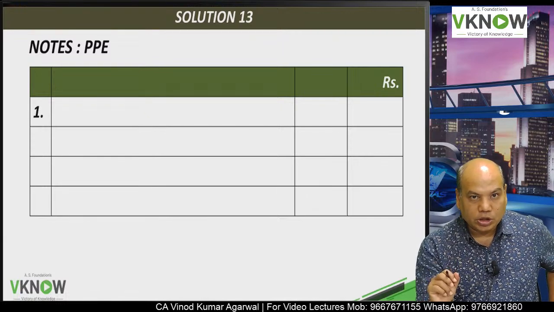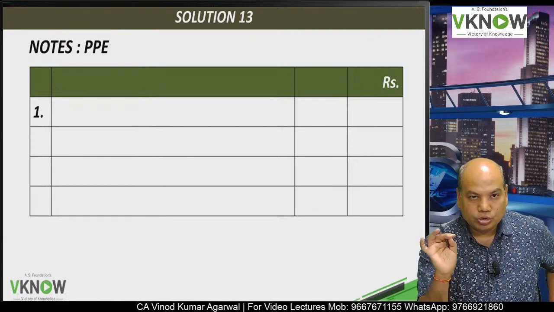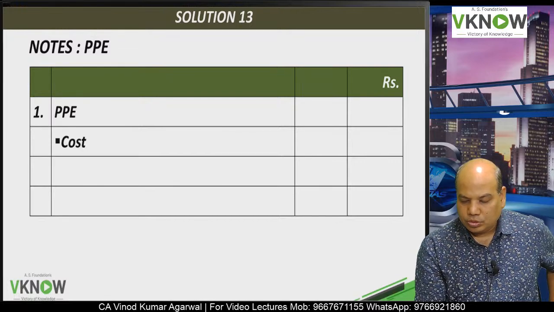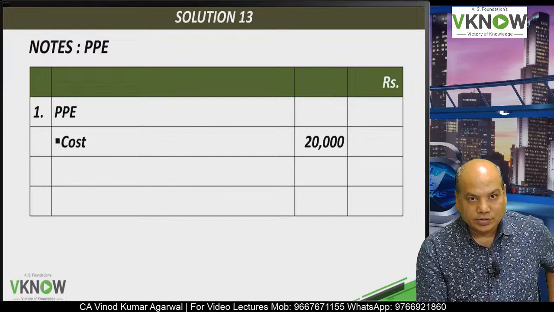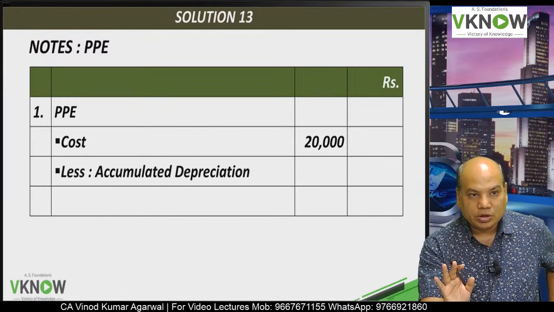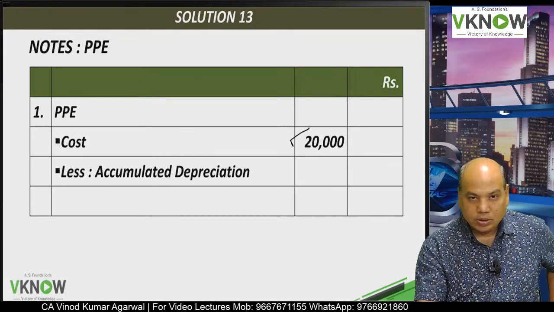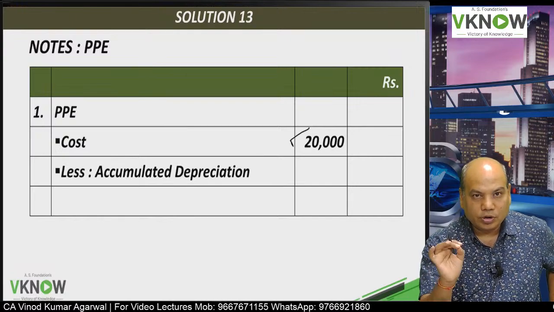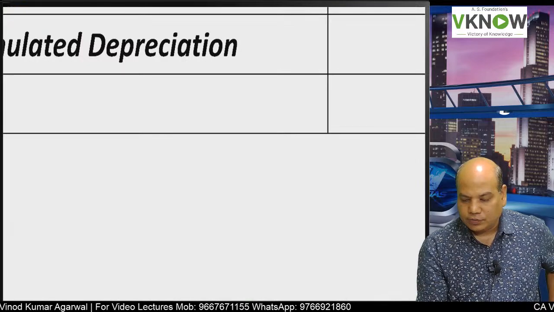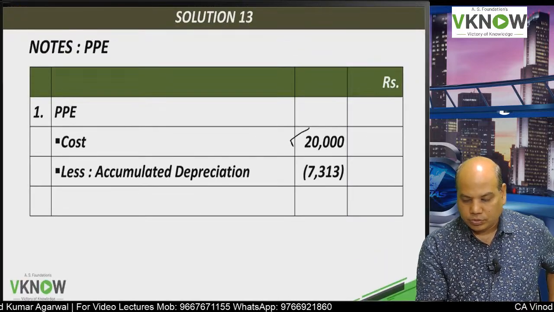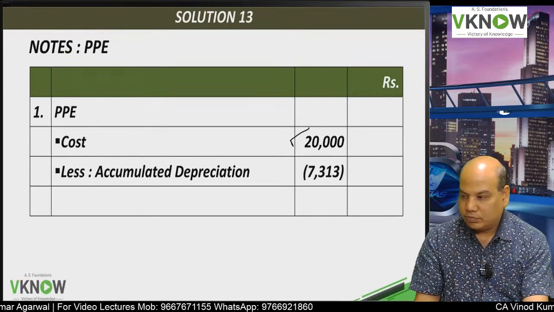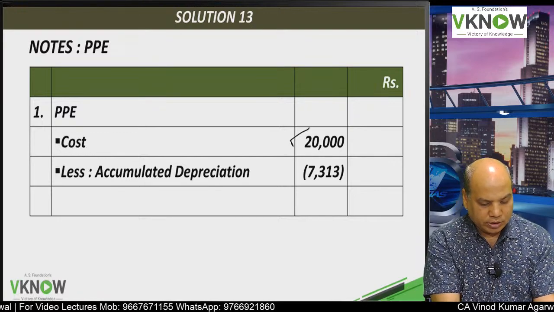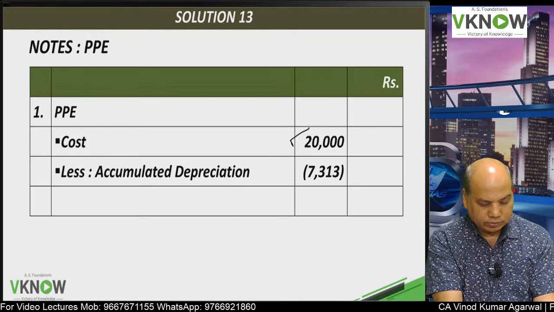You will write below in the notes to account. Notes to account PPE. Your original cost was 20,000. Before impairment loss, you have provided for accumulated depreciation for 3 years, which is 7313.